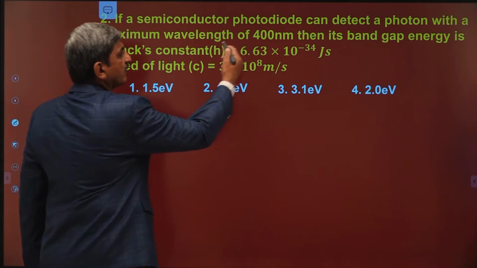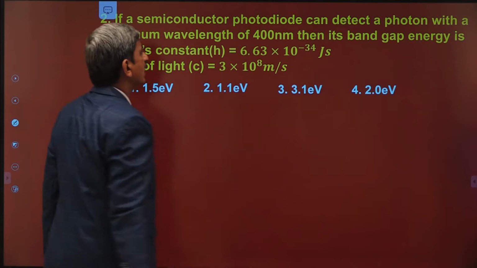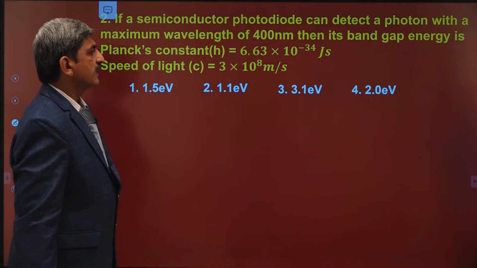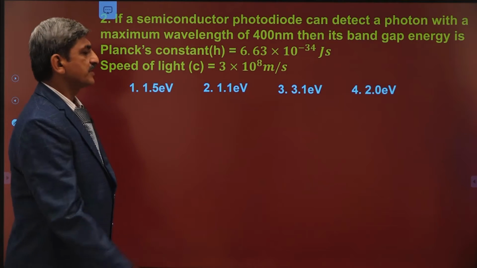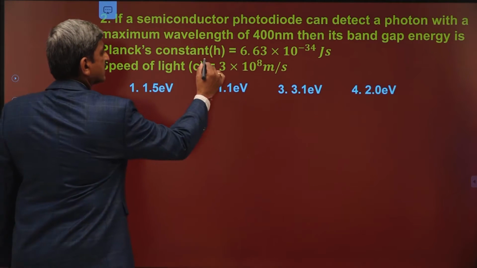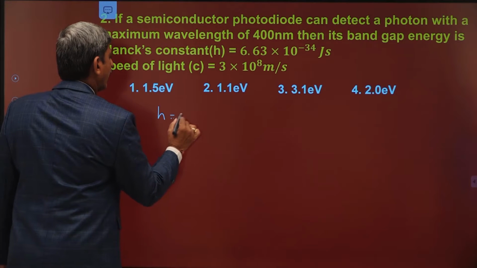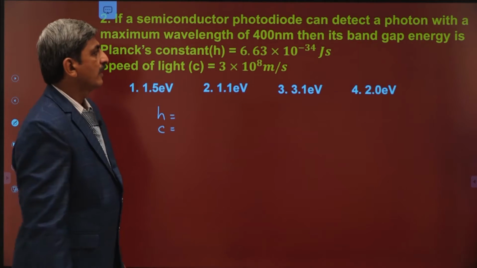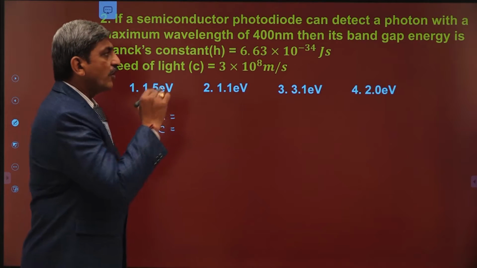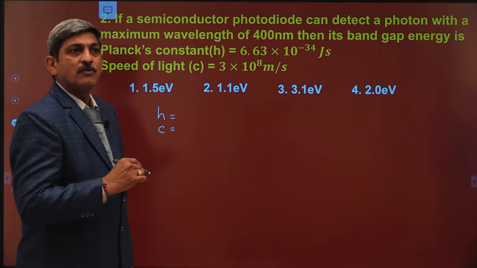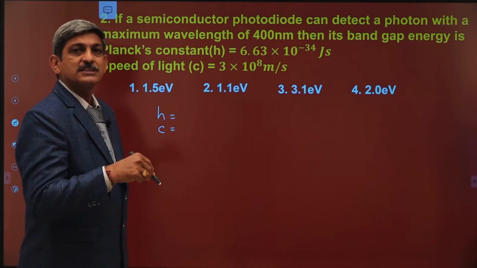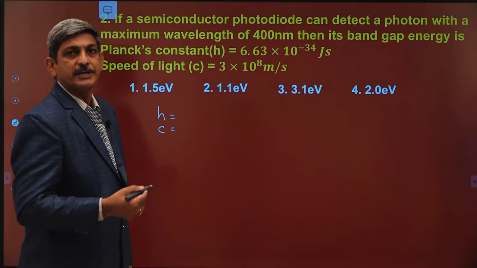If a semiconductor photodiode can detect a photon with a maximum wavelength of 400 nanometers, then its band gap energy is dash. Here the Planck's constant h value is given and the speed of light c value is also given. Now, the photodiode can detect a photon only when the energy of the photon is greater than the energy band gap of the material.